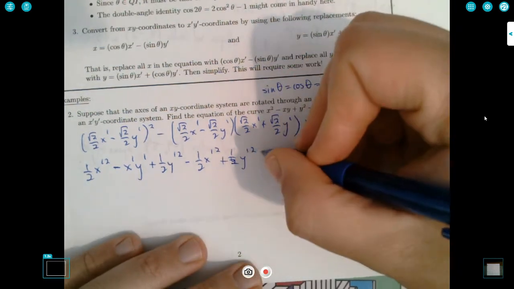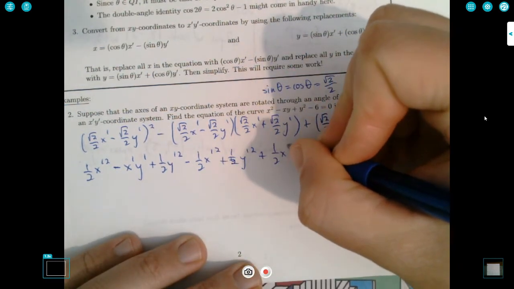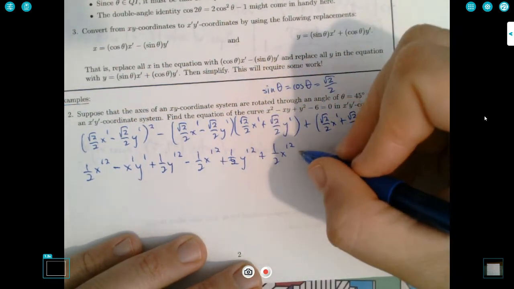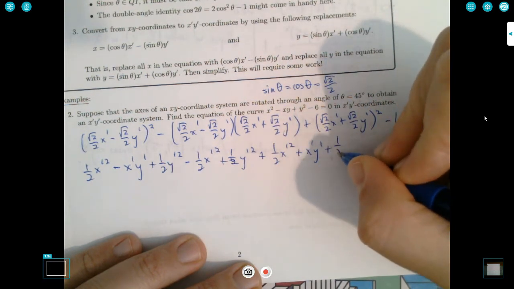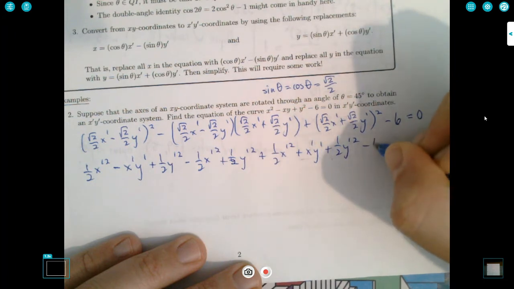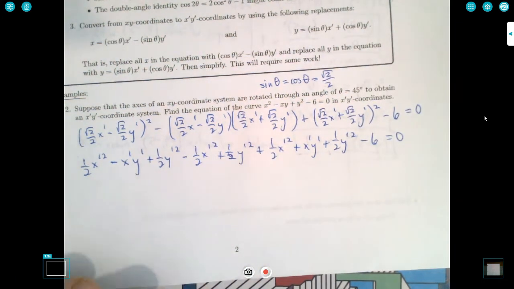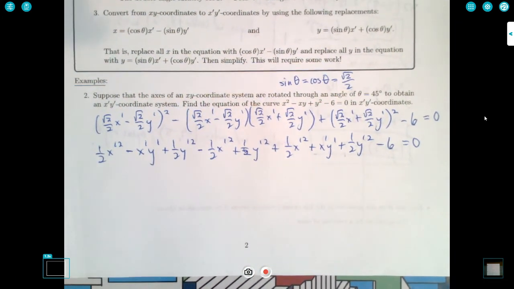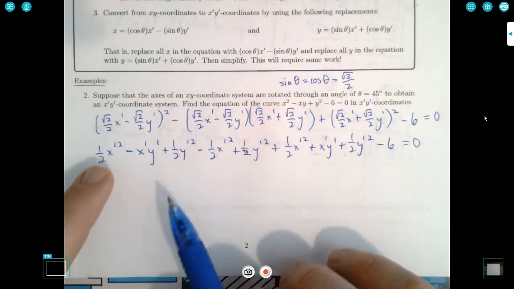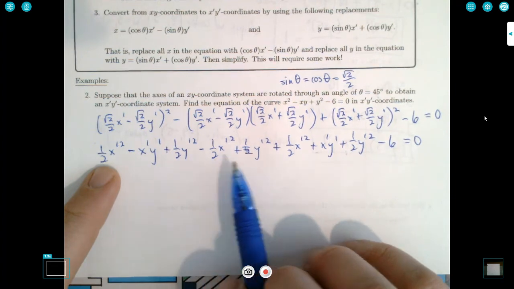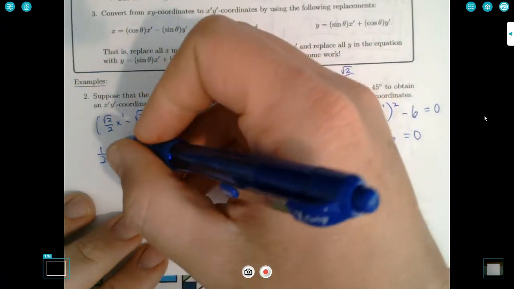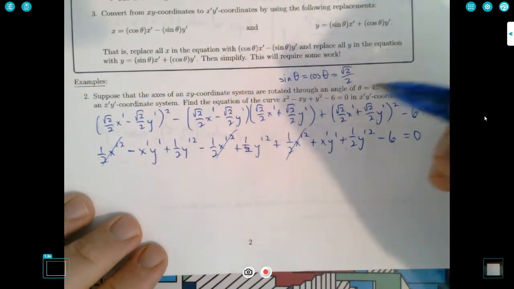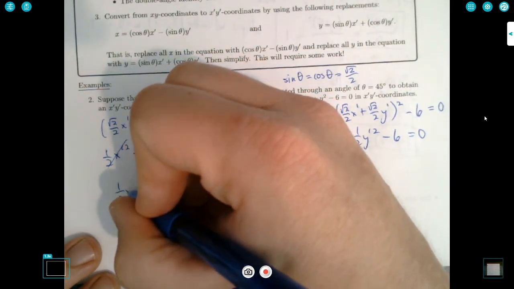And now this one is going to be plus 1/2 x prime squared plus x prime y prime plus 1/2 y prime squared minus 6 equals 0. And then we can collect like terms. So this one and that one will cancel, but then I've got another 1/2 x prime squared there. So that gives me 1/2 x prime squared.